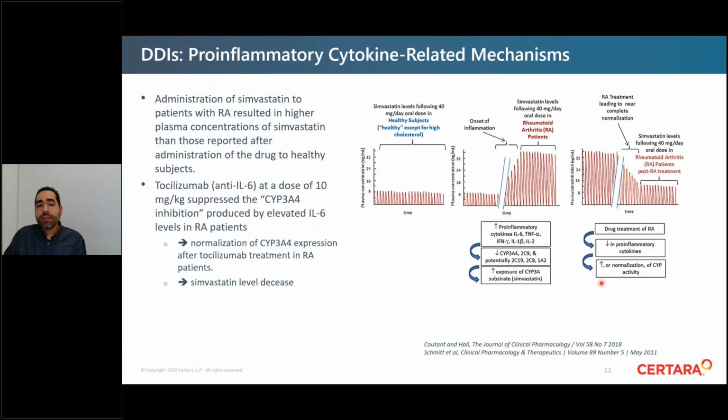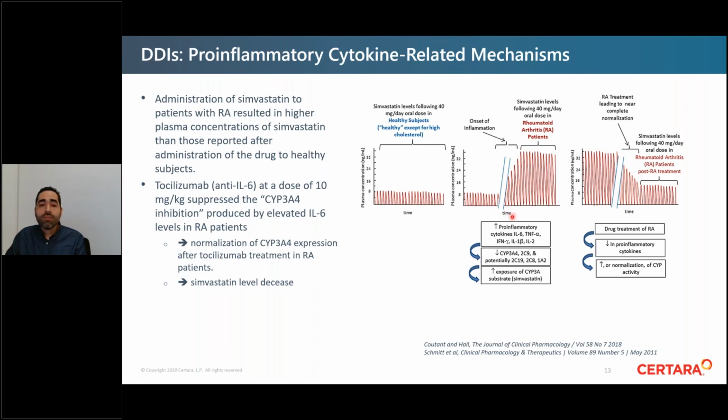In this slide, you have an example describing how these drug-drug interactions occur. Here in this plot, you have the concentration-time profile of simvastatin, a drug used to lower cholesterol. These are the typical levels in healthy subjects, of course, except for their cholesterol level. Let's assume that those subjects develop an inflammatory disease like rheumatoid arthritis.